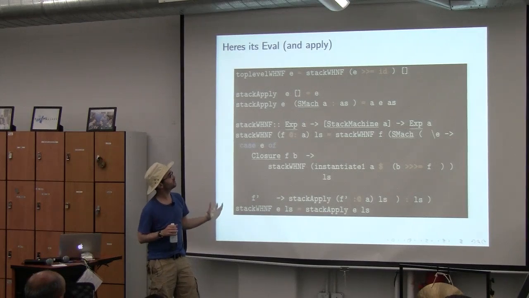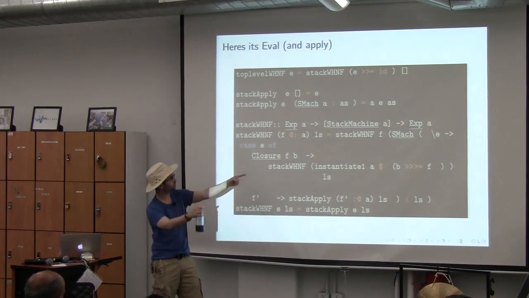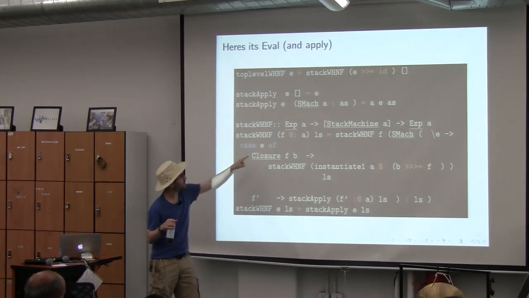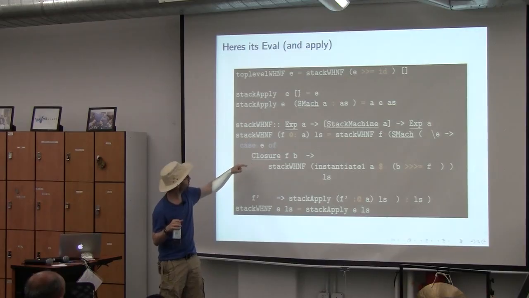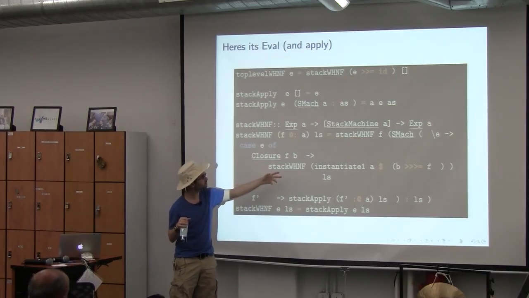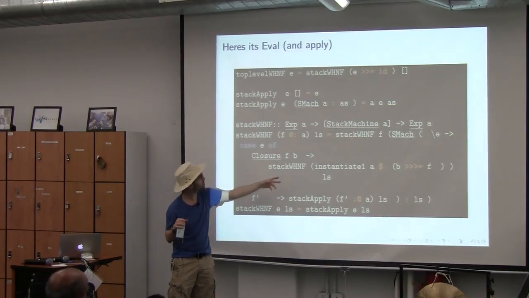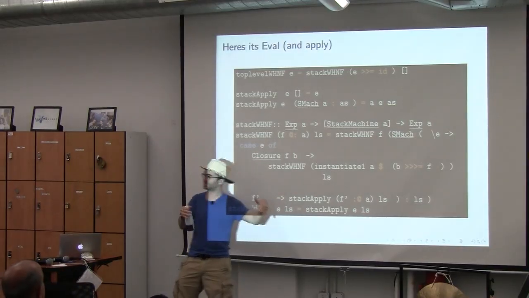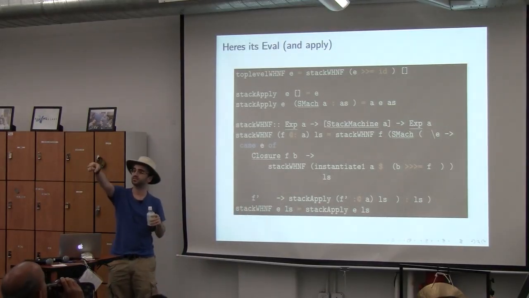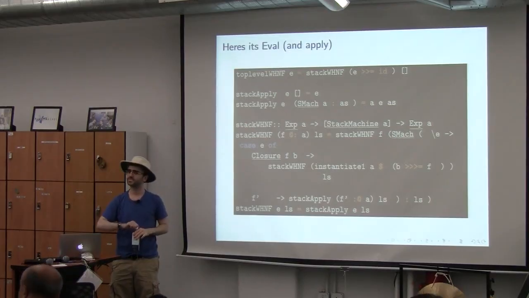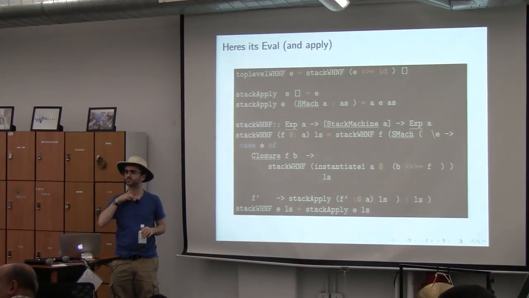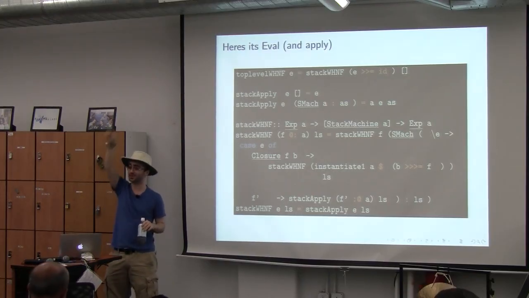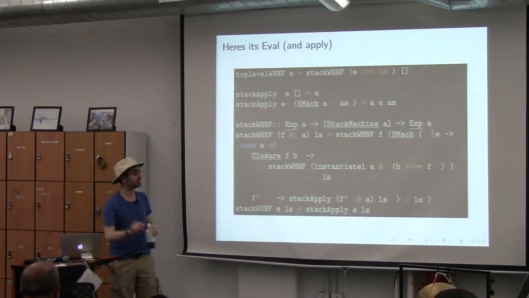You give me an expression, I case over it, and if it's a closure, I do an application to do this substitution downwards. Yes? So your stack at this point is basically a stack of where to return. Yes, it's a literal program stack as part of the interpreter.